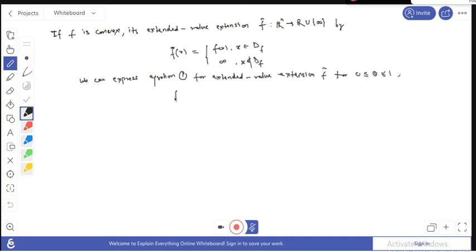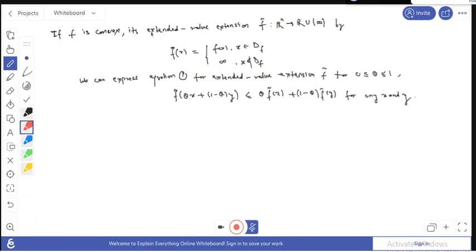This can be written as f tilde of theta x plus 1 minus theta y, this is less or equals to theta f tilde x plus 1 minus theta of f tilde y, okay, for any x and y. तो आप इसे देखें कि ये कैसे आप इक्वेशन नंबर 1 आप इस फंक्शन पे आप कैसे इसे डिफाइन कर सकते हैं. Similarly, second one is indicator function.